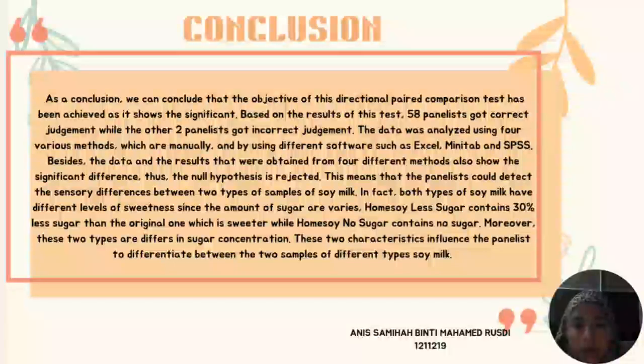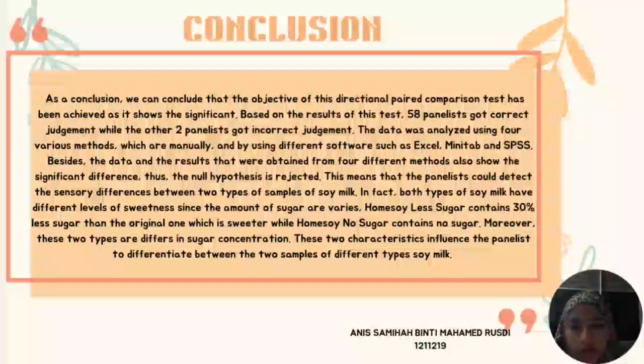Thus, the null hypothesis is rejected. This means that the panelists could detect the sensory differences between two types of samples of soy milk. In fact, both types of soy milk have different levels of sweetness since the amounts of sugar vary.